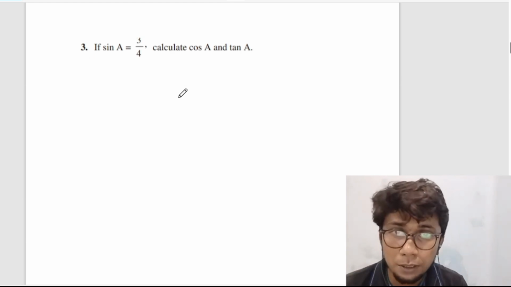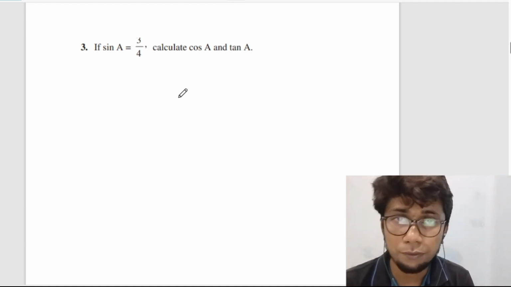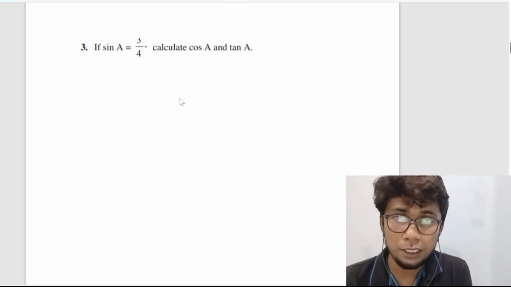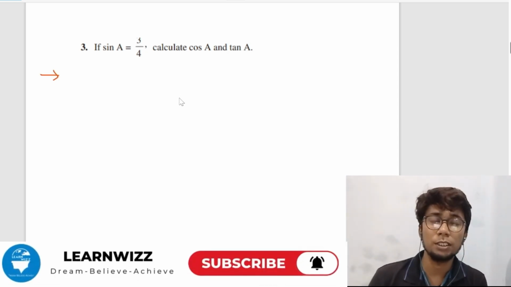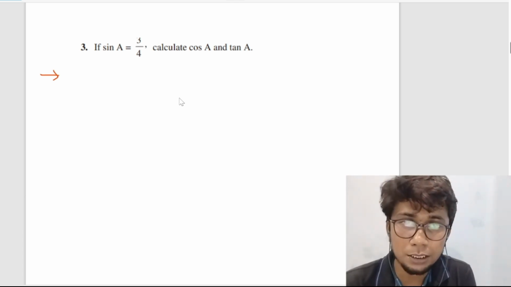What are we given? If sine A is 3 by 4, we have to find cos A and tan A. So what are we given? The value of sine A, and we have to calculate some other trigonometric ratios. So let's make the triangle. Let's consider this triangle ABC.